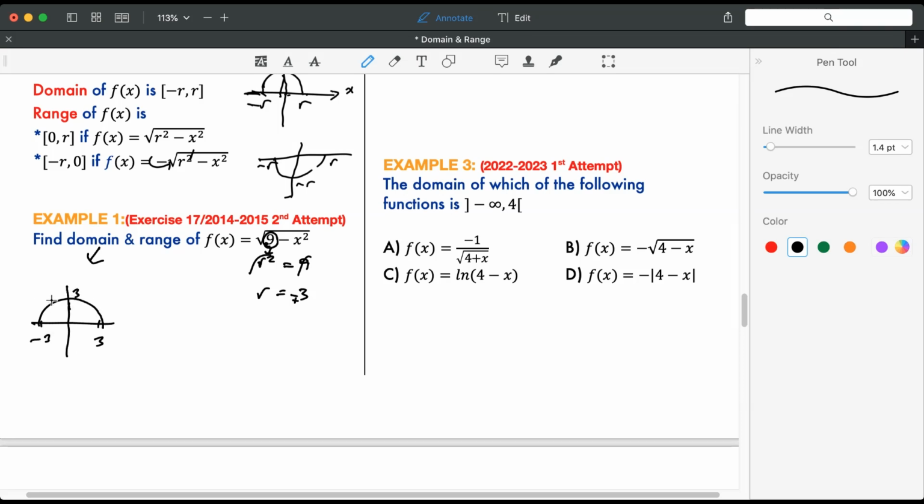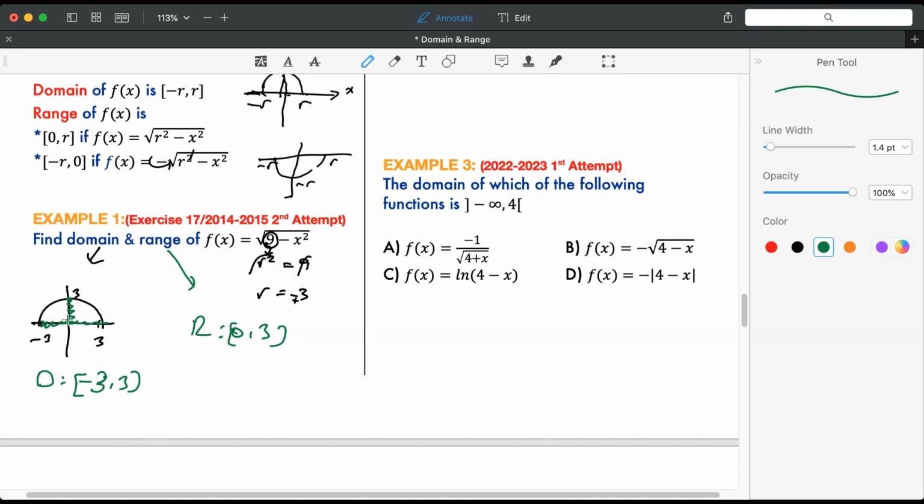By looking at this graph, I can answer the question. What is the domain? The x values are between negative 3 and 3, inclusive. The range is from 0 to 3 inclusive. So the y values are from 0 to 3, x values from negative 3 to 3.